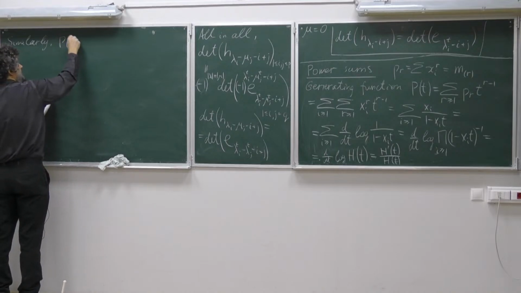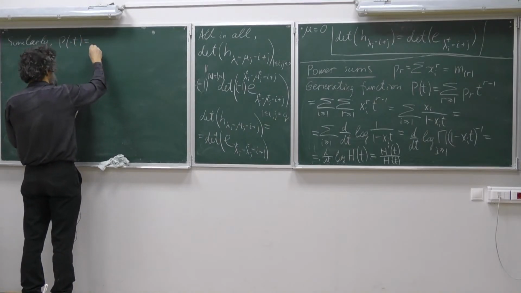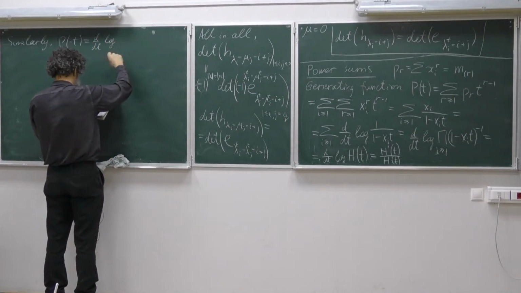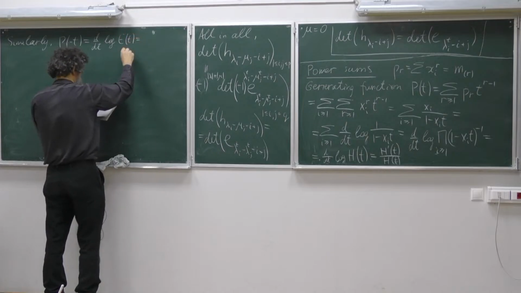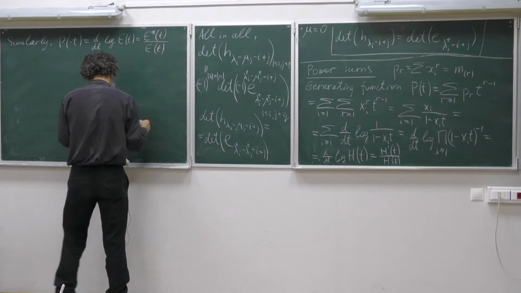P(−t) is the logarithmic derivative of E(t), so E'(t) over E(t).